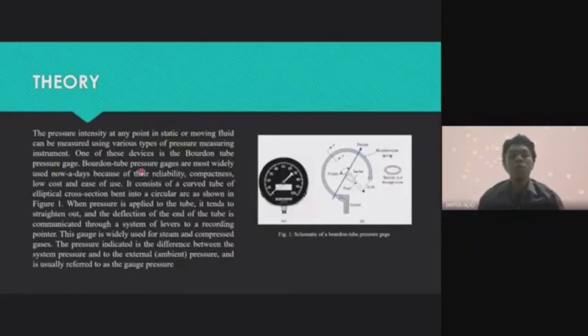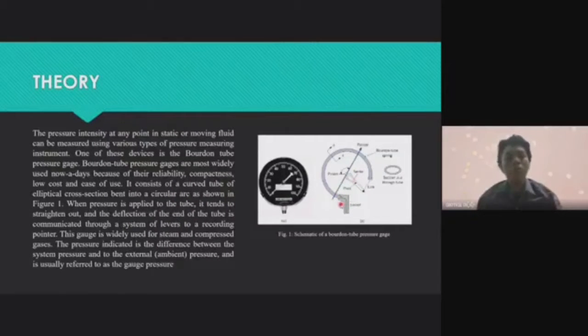Bourdon tube pressure gauges are most widely used nowadays because of their reliability, compactness, low cost, and ease of use. It consists of a curved tube of elliptical cross-section bent into a circular arc, as shown in Figure 1.